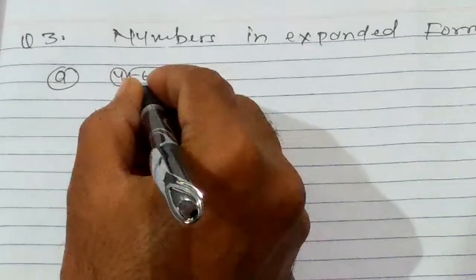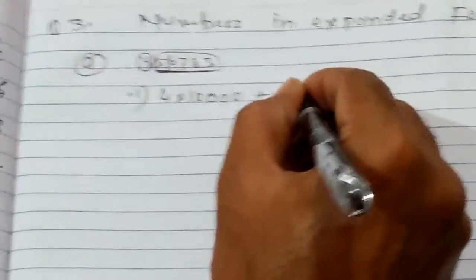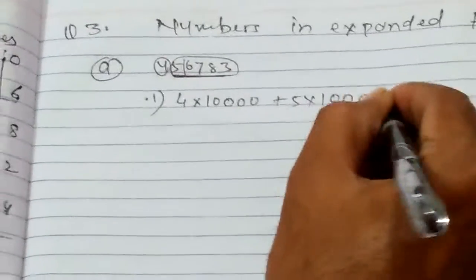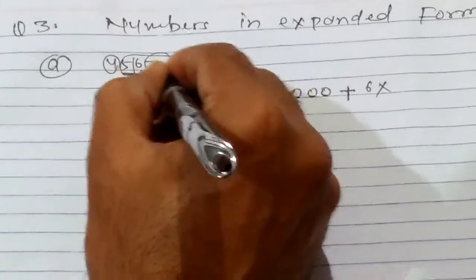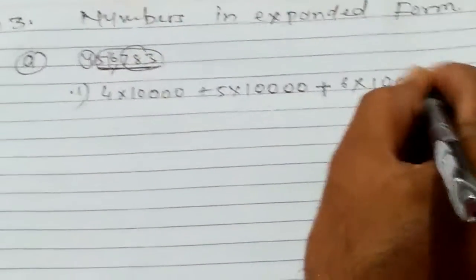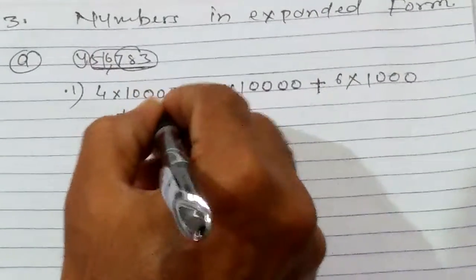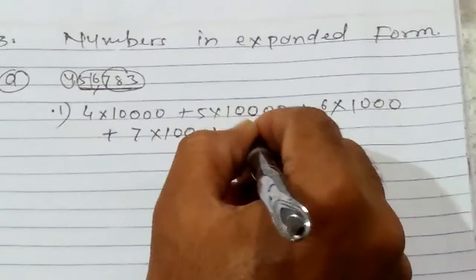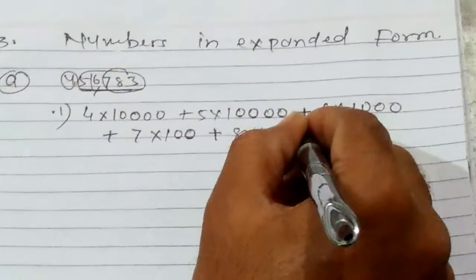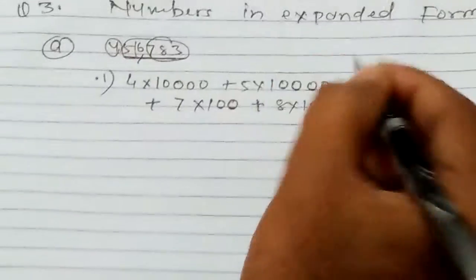And 5, after 5 it is 4 digits, so we place 40,000. After 6 it is 3 digits, 6,000, plus 7 into 100 plus 8 into 10, and at last 3.